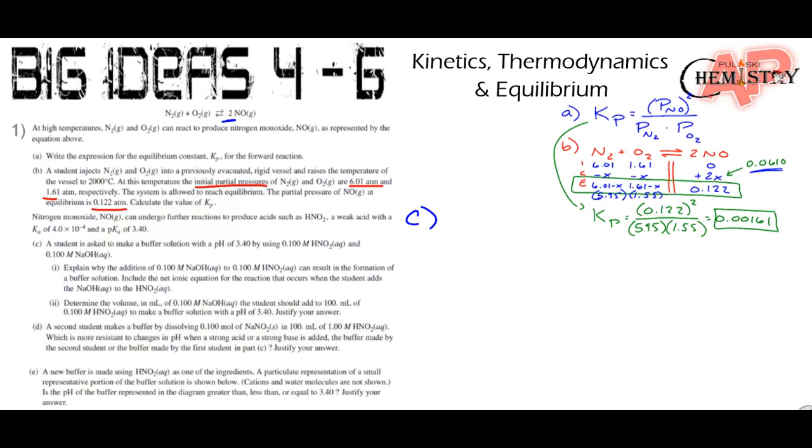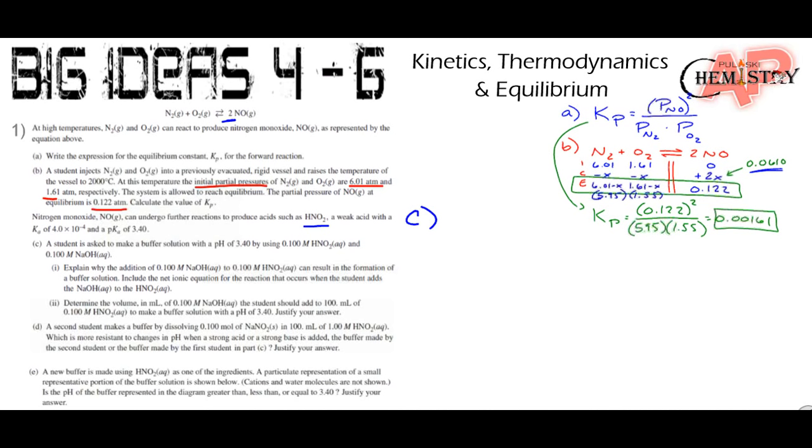All right, so we'll shrink A and B there, so it's still there, but now we're going to look at C so we can keep the problem on our screen. It says nitrogen monoxide can undergo further reactions to produce acids such as nitrous acid, HNO2, a weak acid with a Ka and a pKa of certain values.